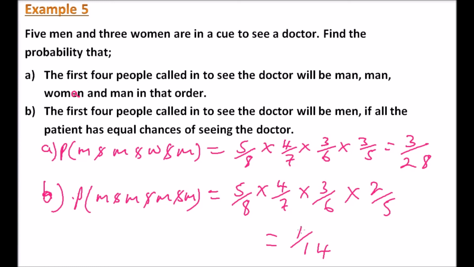In mutually exclusive event, we use the word or. And when you use or, we add. When you use the word and, we multiply. So you should be able to differentiate.